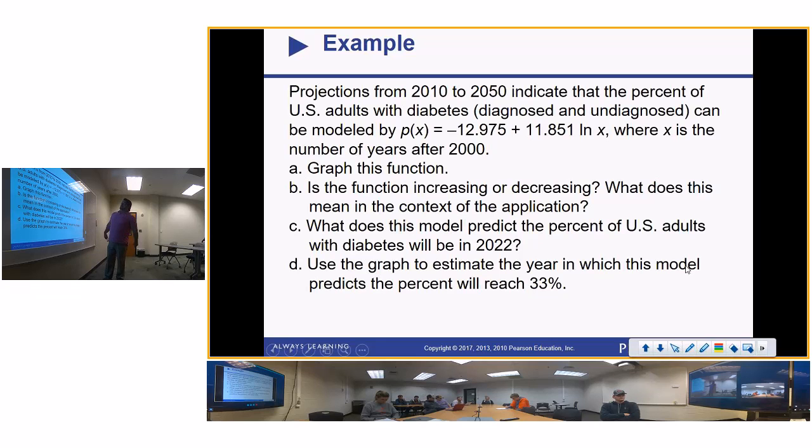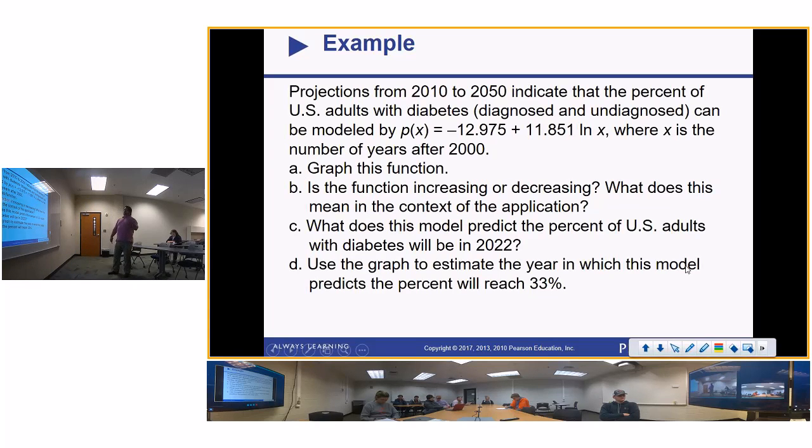All right. Here they give us a formula, natural log of x, and they want you to graph it. Is it increasing or decreasing? Y'all should know that from graphing it on the calculator. What does it say in 2022? You look for 22. Is it years since 2000? Yep.